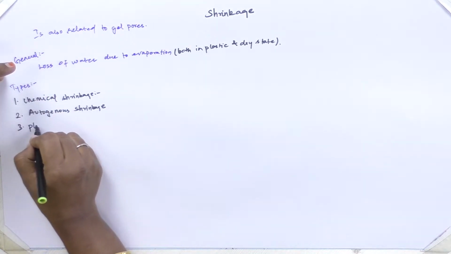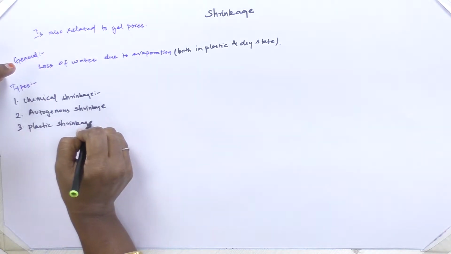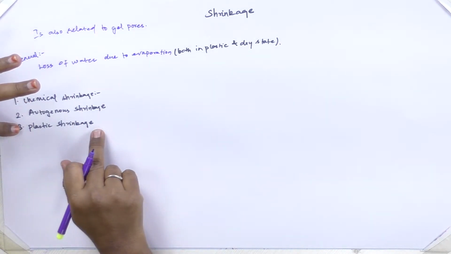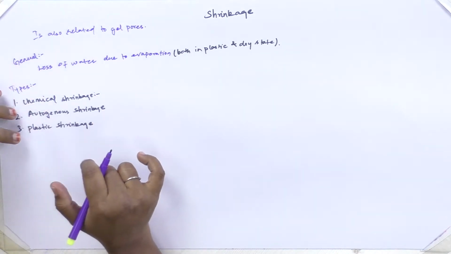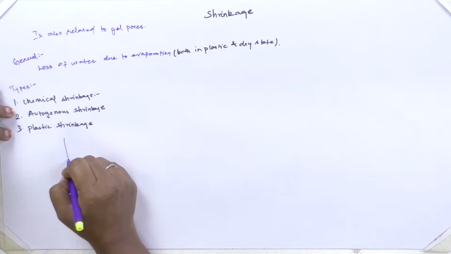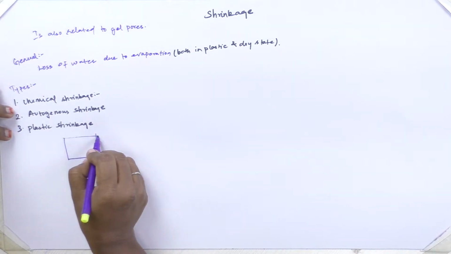Third is plastic shrinkage. This plastic shrinkage occurs when the concrete is in the plastic stage, assuming this to be the concrete.